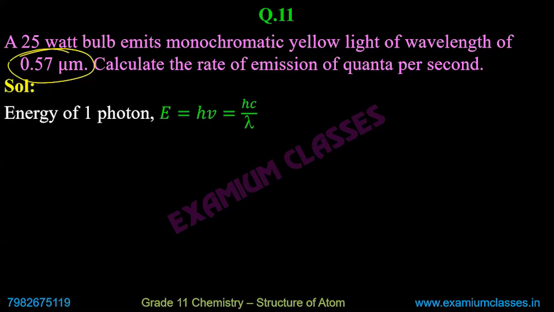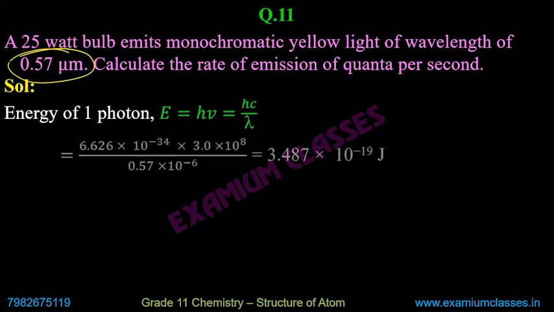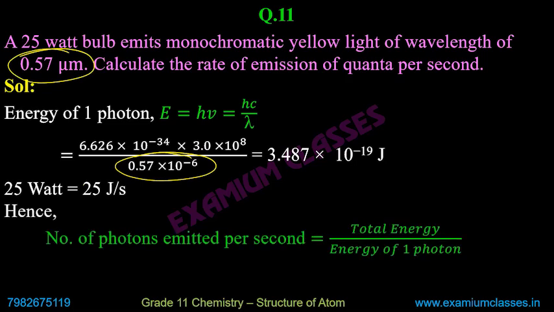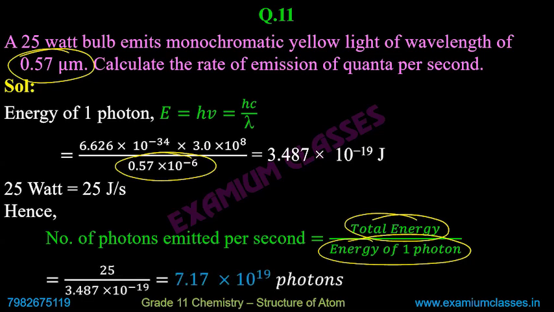So the energy of one photon is hc by lambda; you converted to meter and got it in joules. 25 watt means 25 joules per second. Total energy, 25 joule, divided by the energy of one photon will give you the number of photons emitted, and it will be the number per second because this much energy is used per second.